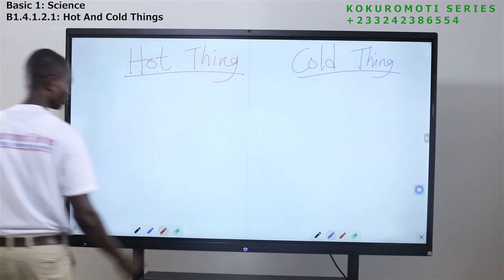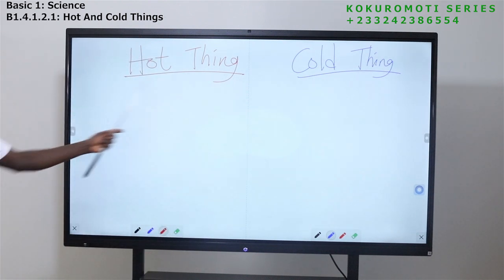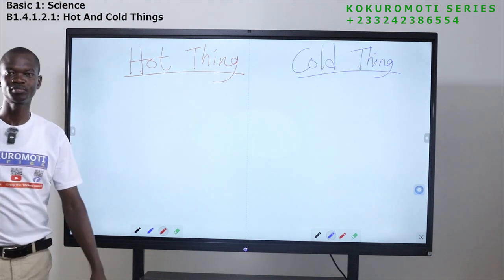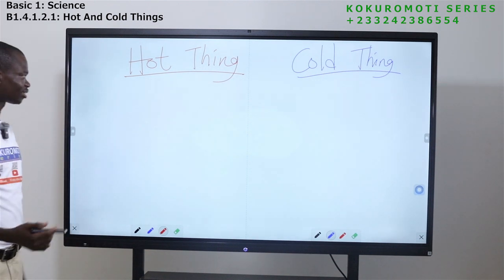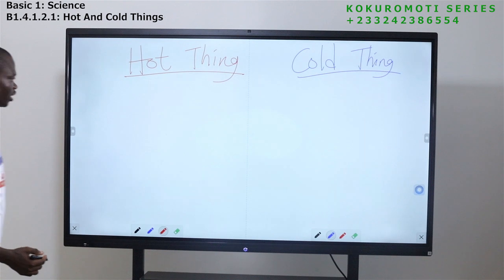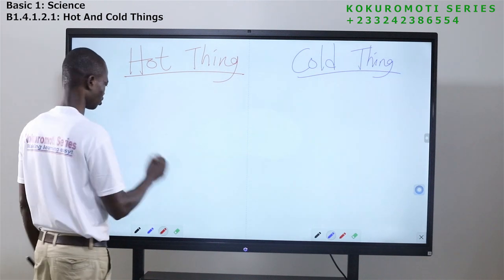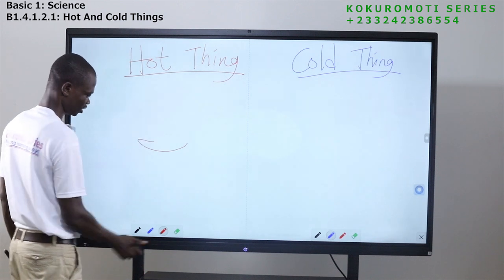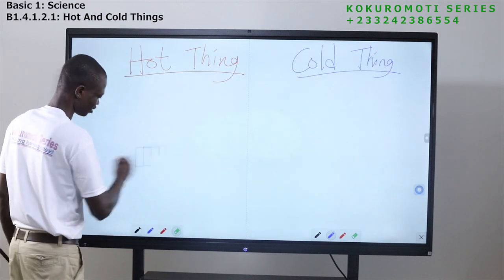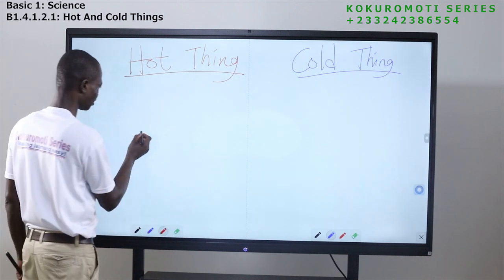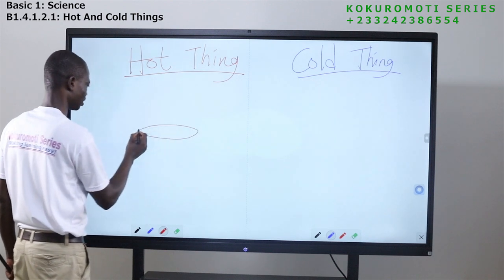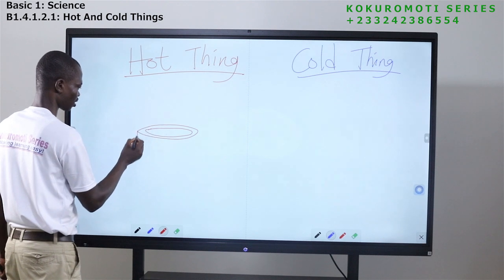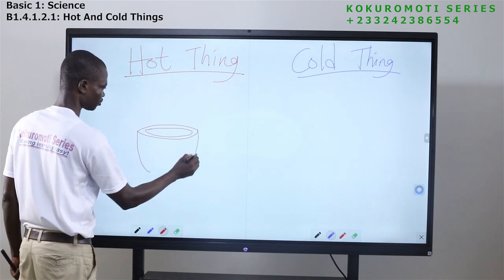Now let's draw it. What thing are you going to draw? Something that is hot. Yes, mention them. Hot thing. Yes. Okay, so a cup of hot tea. So this is our cup. Oh, today where are my drawing skills? Okay, so this is what? Hot cup of hot tea.